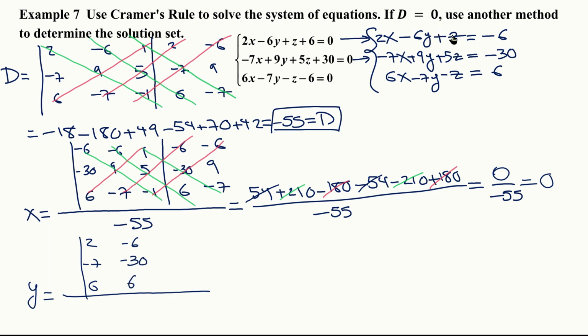And for z, we have 1, 5, negative 1. Down below, we know we're going to have negative 55. So we repeat the first two columns here. So 2, negative 7, 6. And negative 6, negative 36.